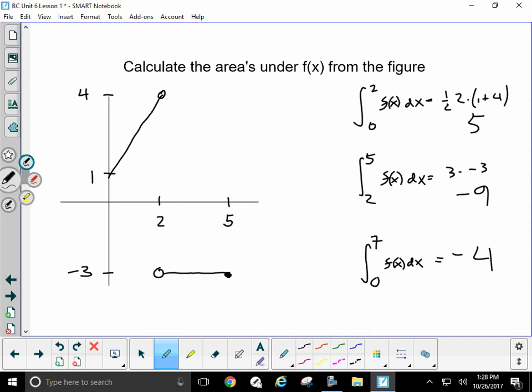Whoa. Make that 5. Sorry. Don't know why that was 7. Okay, make that a 5. All right. 0 to 2, 2 to 5. Add them together, you'll get 0 to 5. As long as you make this a 5. Sorry for that being a 7.